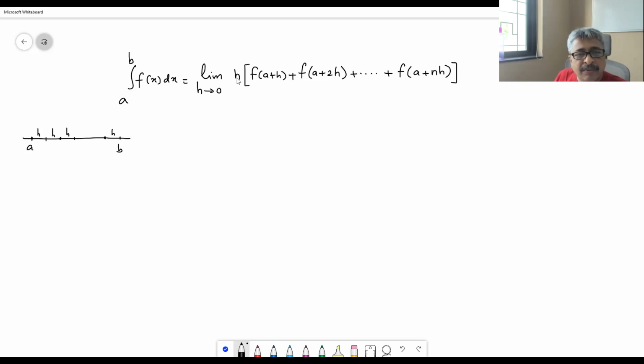We have taken h common, and what we are saying is h tends to 0, so the number of intervals goes to infinity, n goes to infinity, and we know n into h in this case is b minus a.